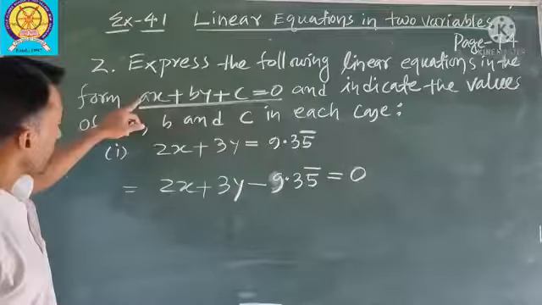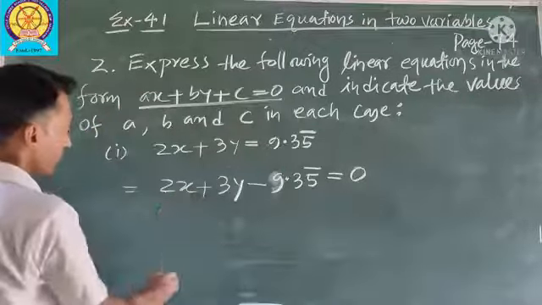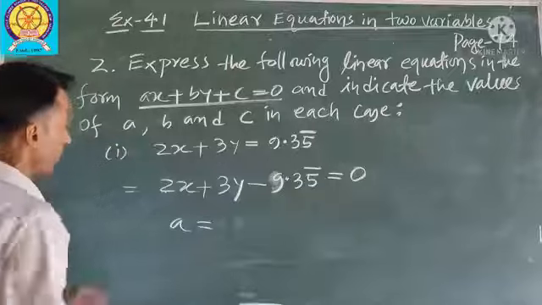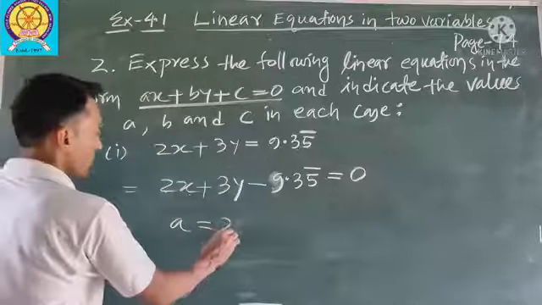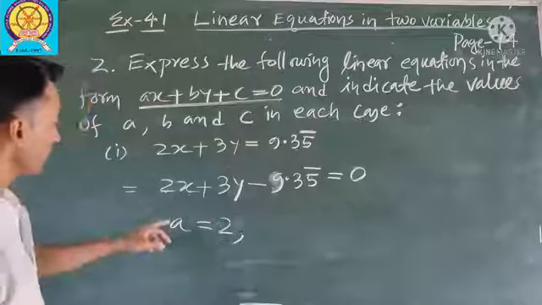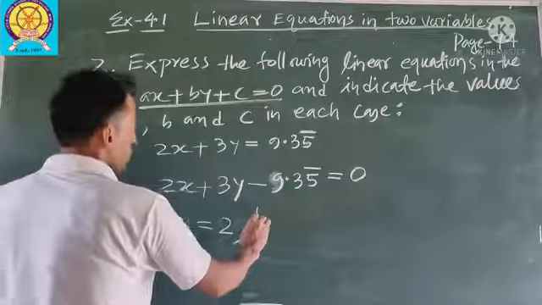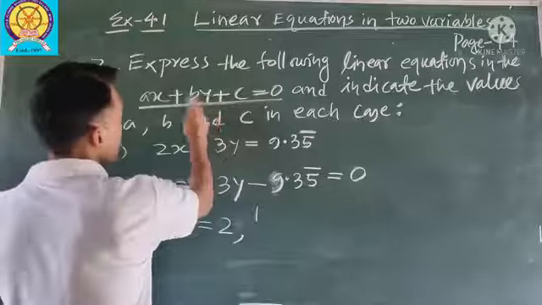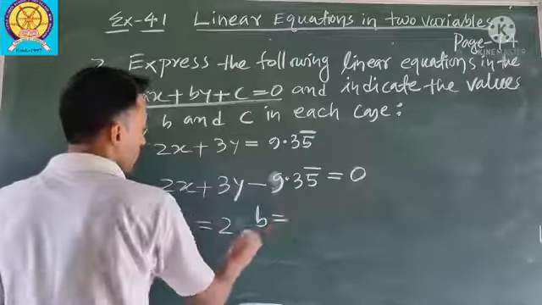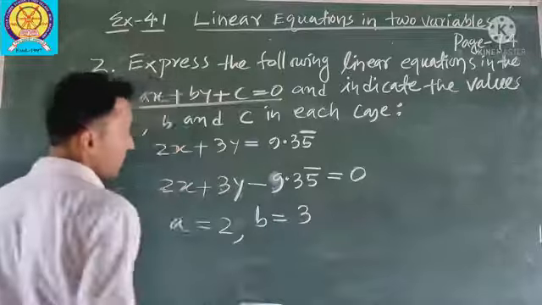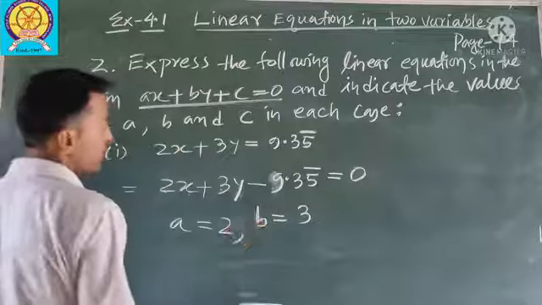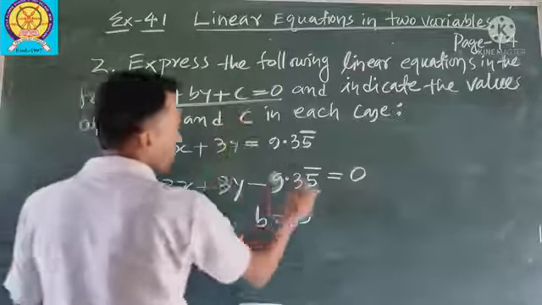So you see, the coefficient of x is a. Here what is the coefficient of x? The coefficient of x is a. Here the coefficient of x is 2. So a is 2. Next, the coefficient of y is b. So here how much is the coefficient of y? 3. So the value of b is 3. c.